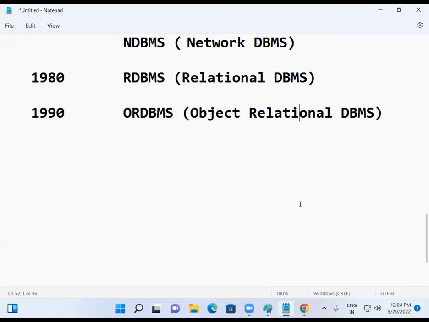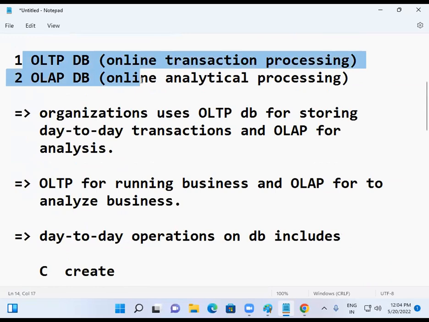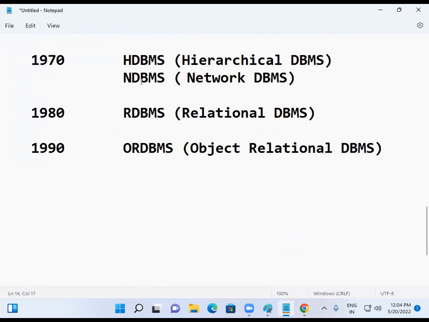Now if anyone asks you the types of databases, you have to say what are the two? OLTP, OLAP. I'll ask the types of DBMS.